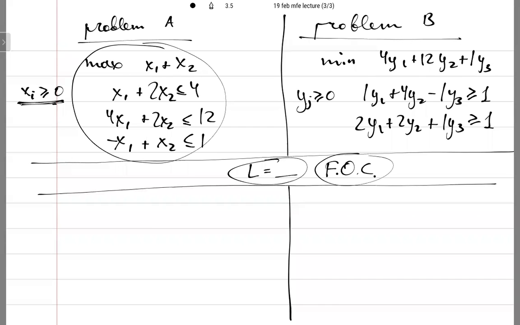Kuhn-Tucker conditions, yeah. Sometimes both the general first order conditions and the parsimonious ones are called Kuhn-Tucker conditions. Yes, you are right, but that gives us no hints how to remember them.